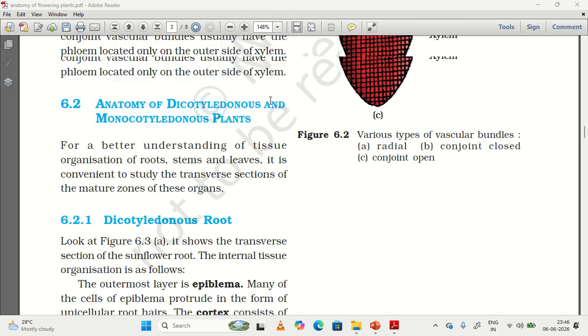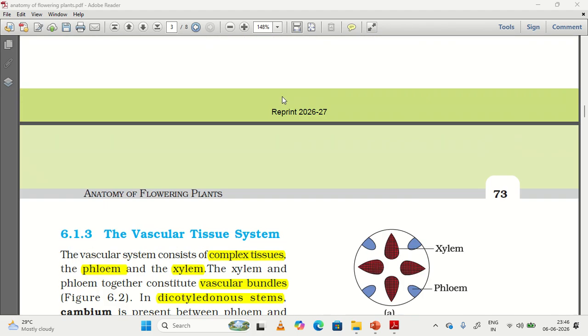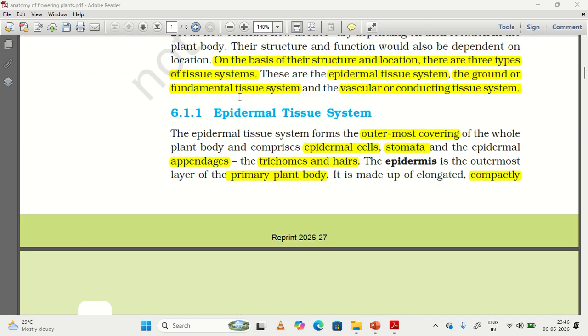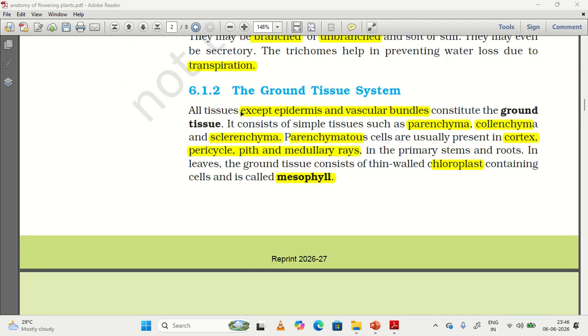Till now we have seen different tissue systems: the epidermal tissue system, the vascular tissue system, and also the ground tissue system.